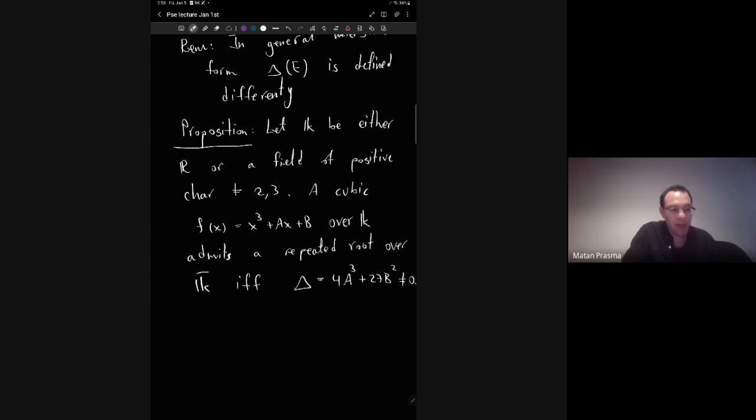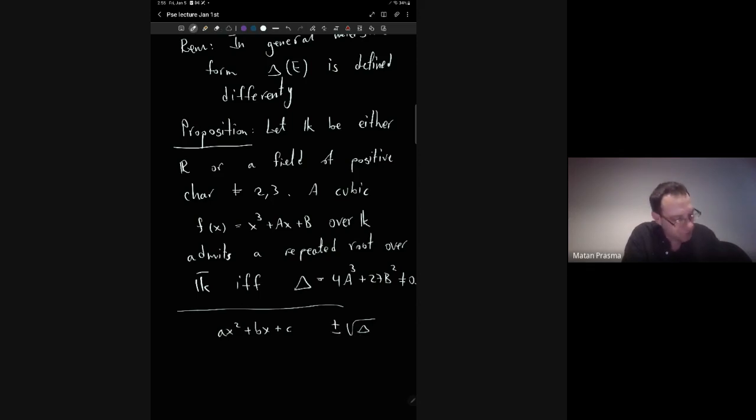Exactly. So this is analogous, if you remember from high school, when you have a quadratic ax squared plus bx plus c, then in the solution formula you have a square root of the discriminant, and so you have plus minus.